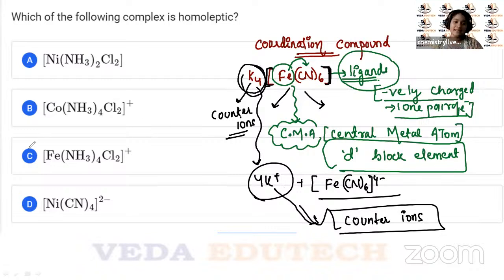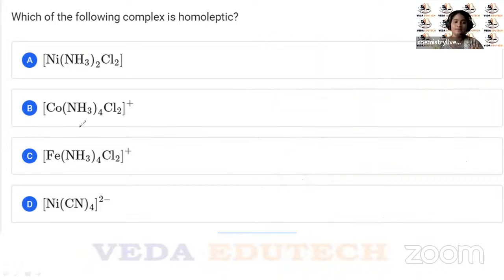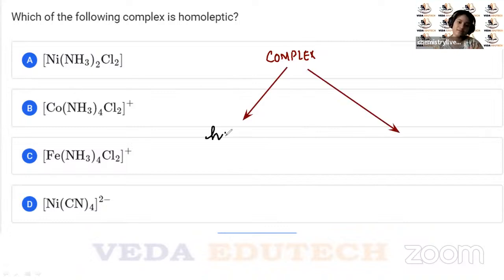Okay, so now the complex can be of two types, and what are they? One is homoleptic, other is heteroleptic. On what basis do we classify compounds as homoleptic and heteroleptic?